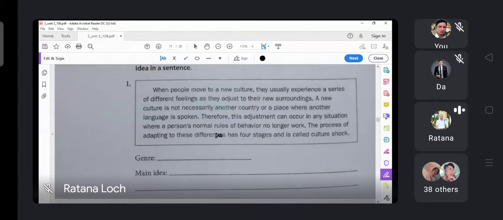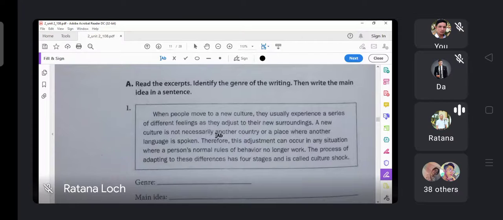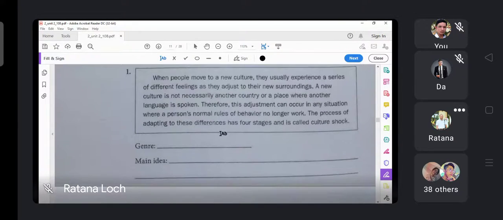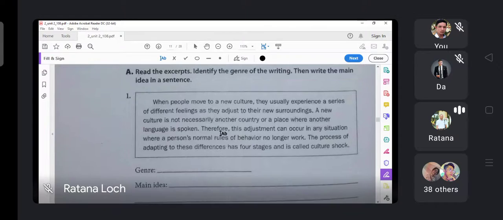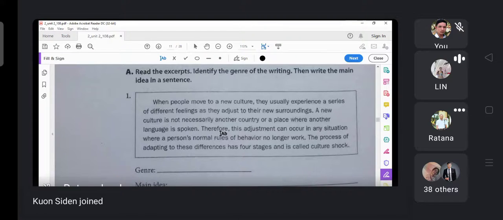Number one. The excerpt number one. So what genre do you think? I think economic writing. Economic writing, right? Are you sure? Let me see. I think so, teacher.